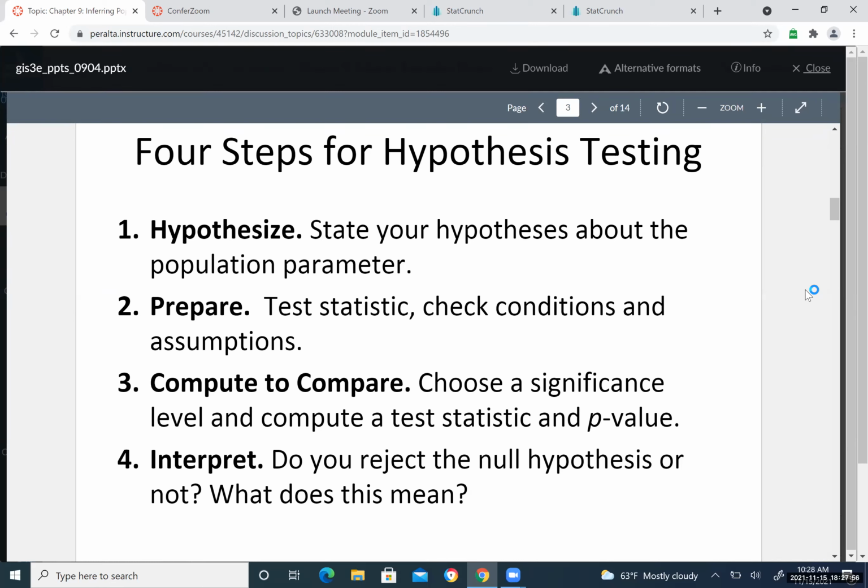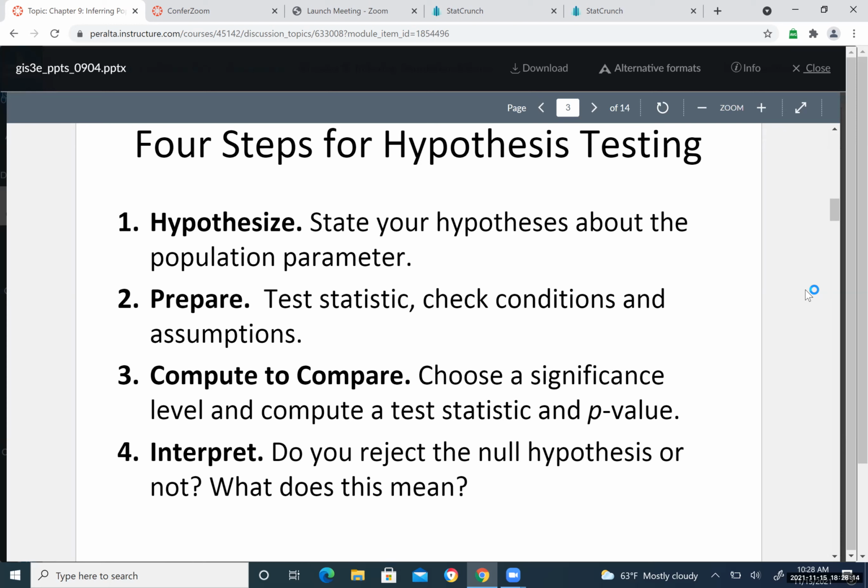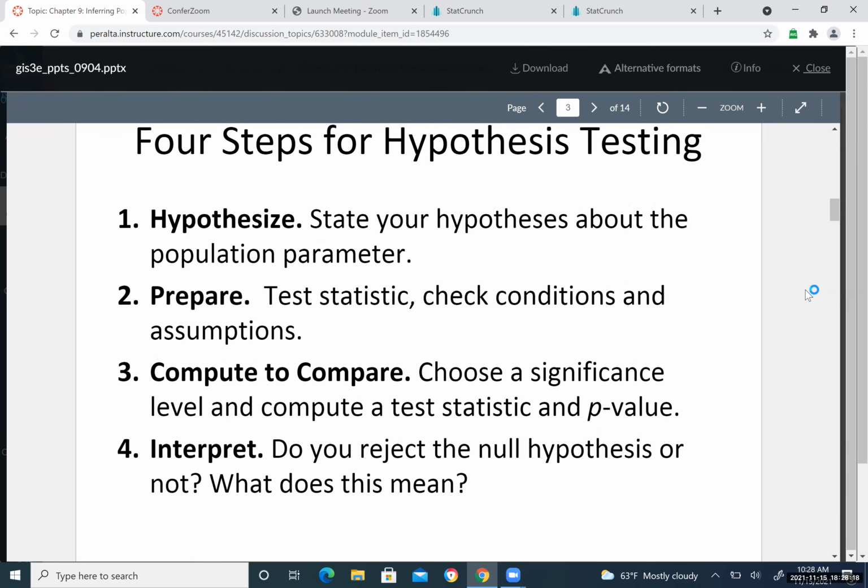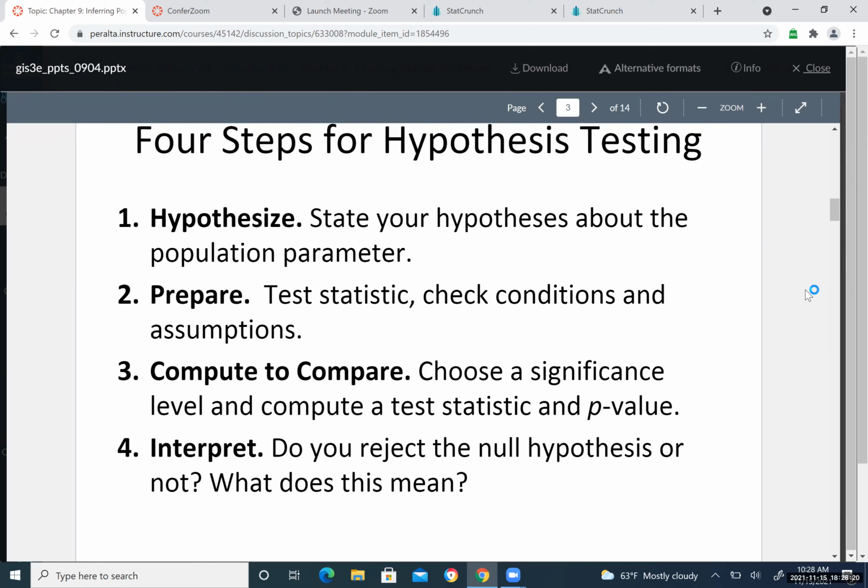But for doing it by hand, we have to compute a bit more. So in this PowerPoint, you will see that there are 2 methods, right? Compute by hand and doing StatQuant. I do both. So prepare, we do the test statistic, which means we have to find a value T. And we check the conditions and assumptions.